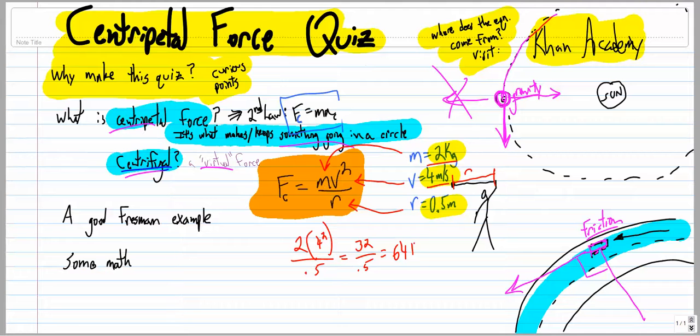Mass is kilograms, times meters per second squared, over meters, so one of the meters cancels. We usually just say 64 newtons. So it takes 64 newtons to make this rock go around in a circle over this person's head.